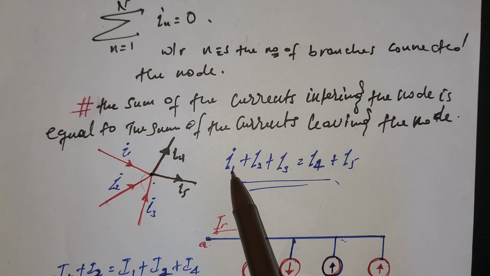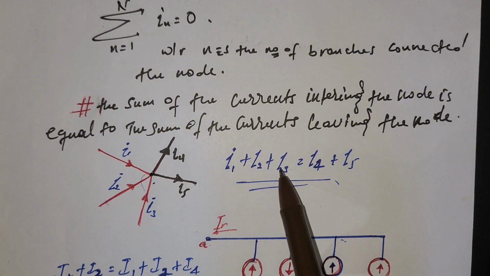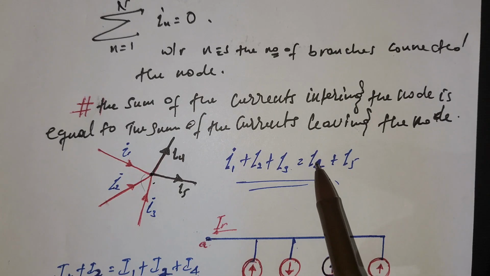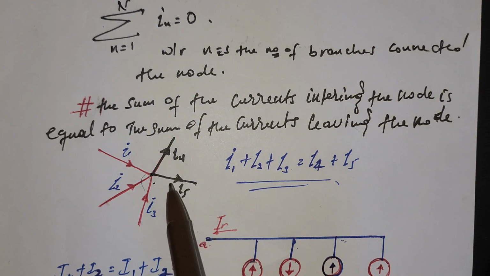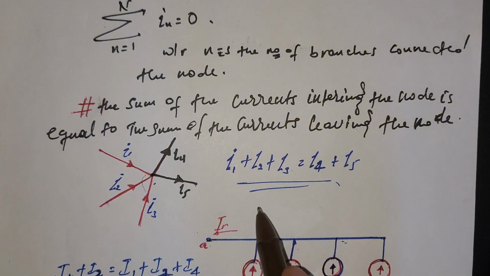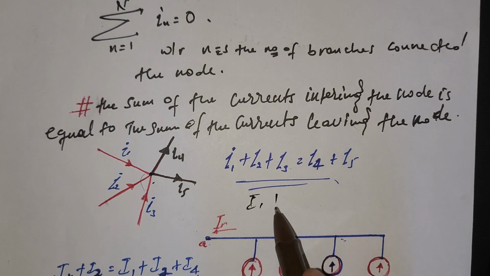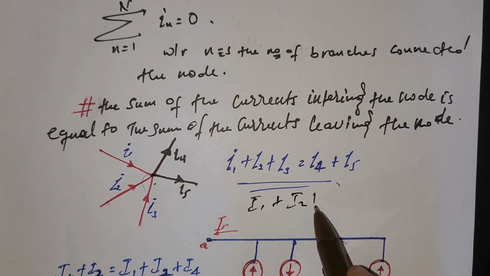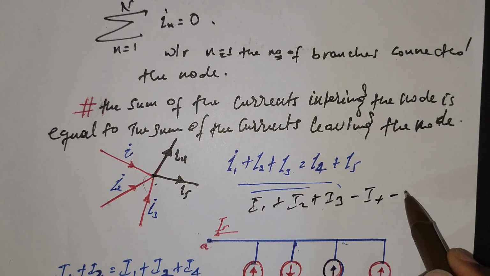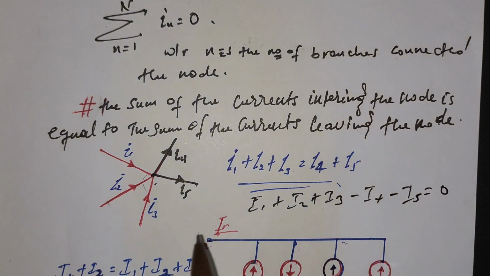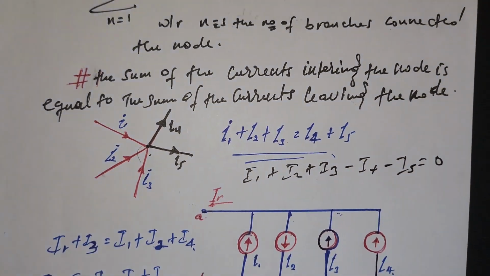So I1 plus I2 plus I3 is equal to I4 plus I5. I4 and I5 are leaving the node. So it would be I1 plus I2 plus I3 minus I4 minus I5, which is equal to 0. Their summation must be 0.